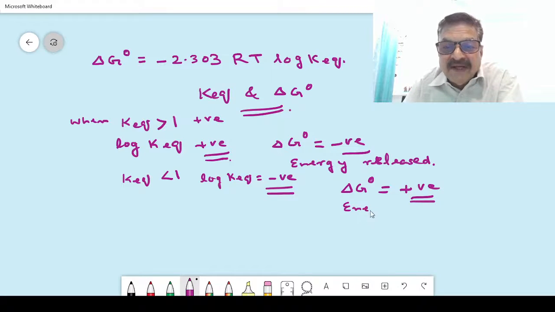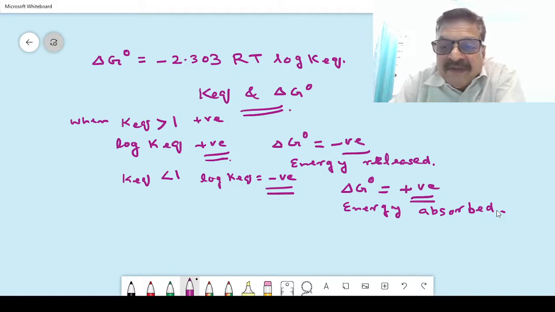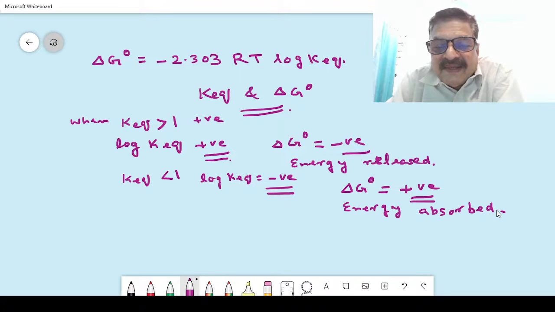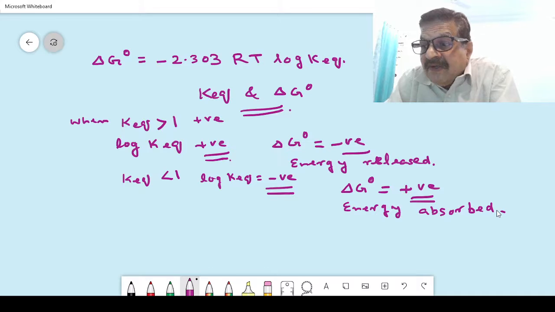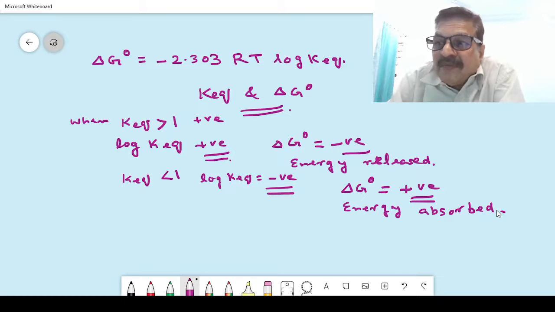Positive means energy absorbed, so equilibrium favors the formation of the reactants. The energy of the products will be higher than the energy of the reactants. In the earlier case, the energy of the products was lower because energy is released.